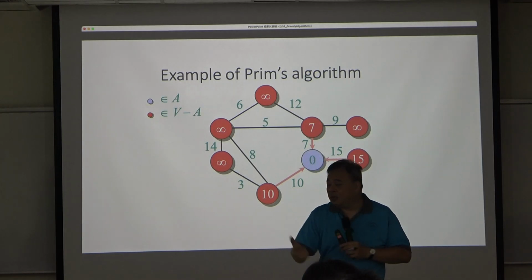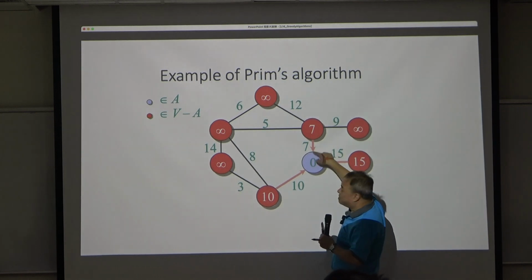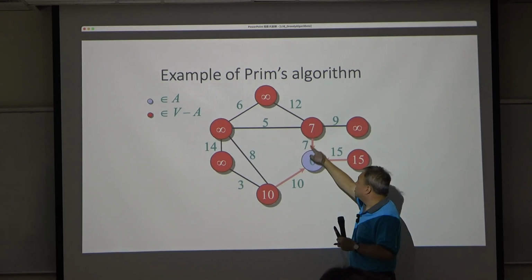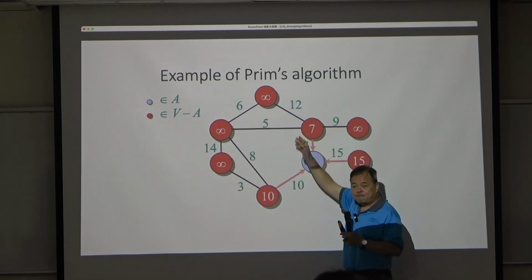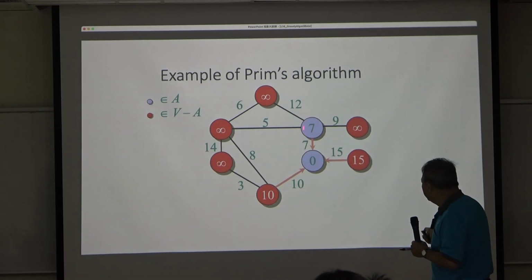In other words, the theorem guarantees that this edge has to be included. So you include this one into A.